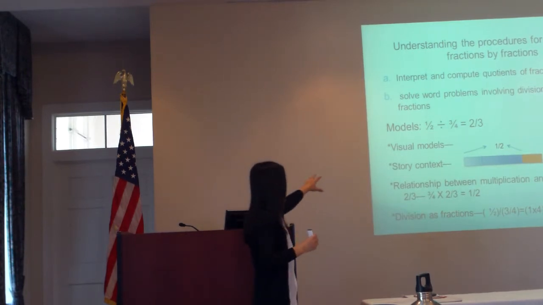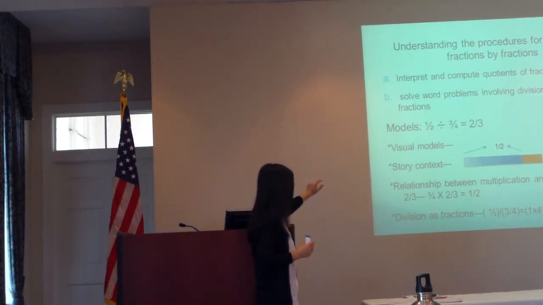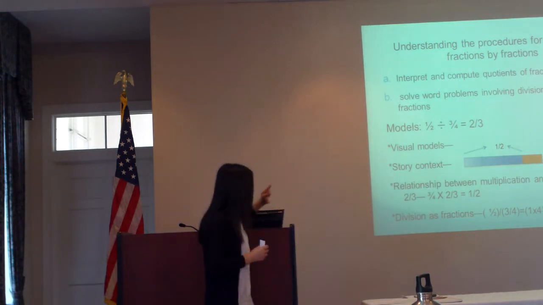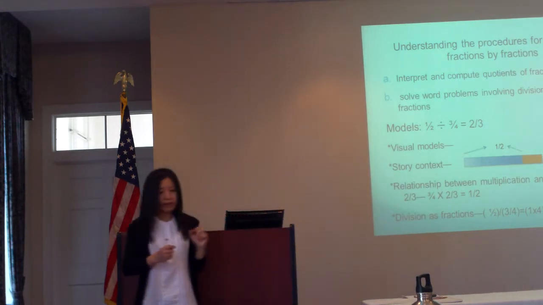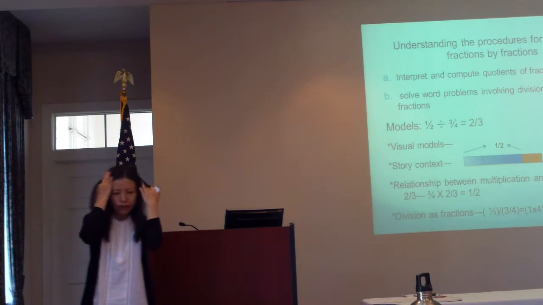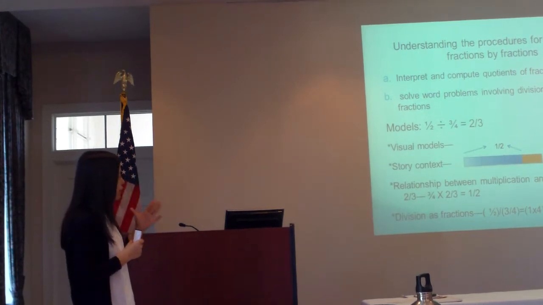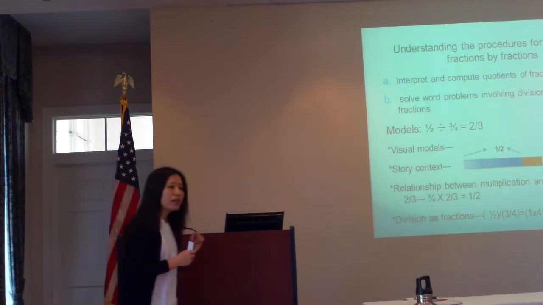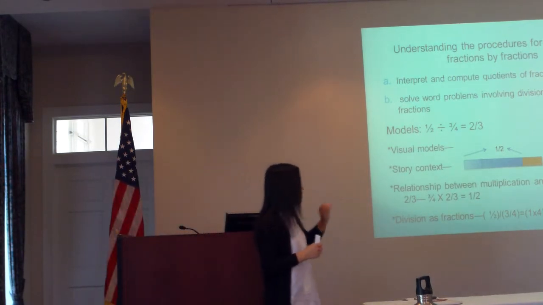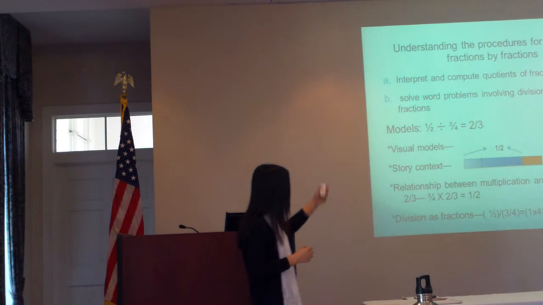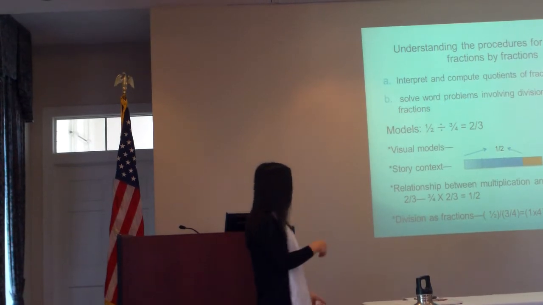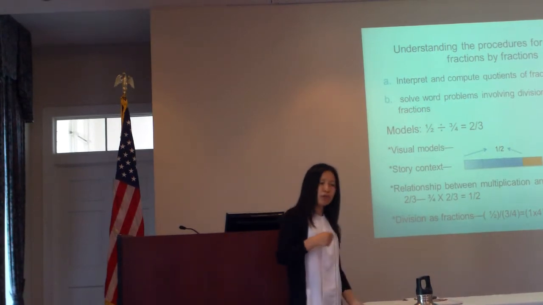I will talk more about the visual models and the story context. The other 2 ways Common Core suggested include the relationship between multiplication and division. So how to have students understand that 1/2 divided by 3/4 equals 2/3.